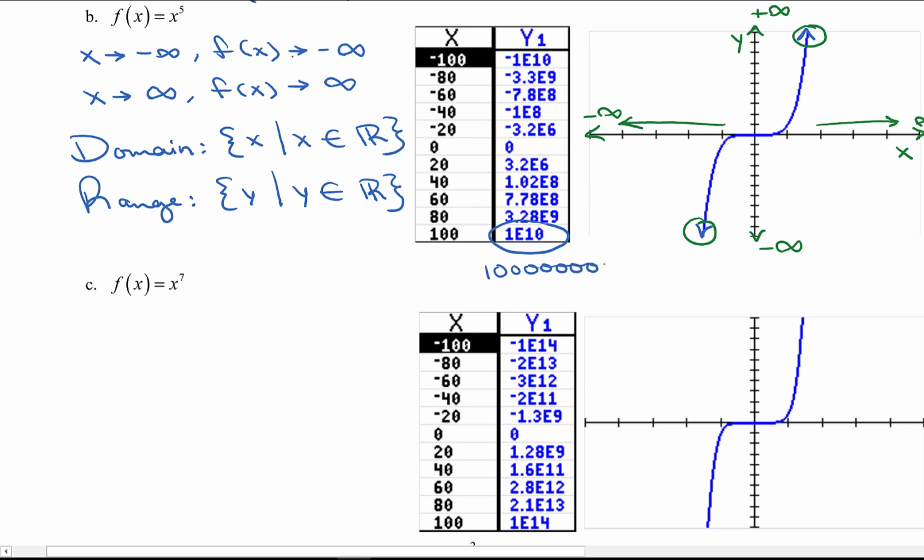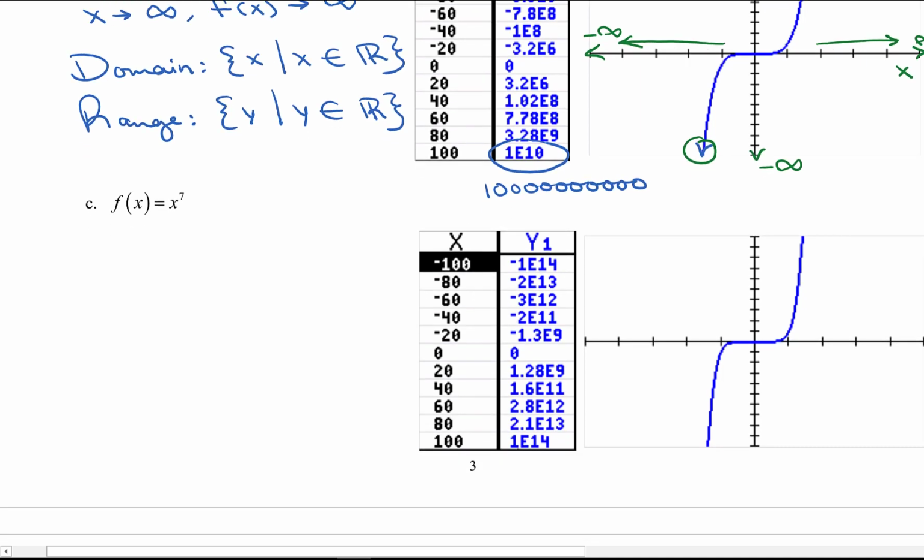That's the number when x is 100. And then look at this one. Now this is a 1 with 14 zeros. 1, 2, 3, 4, 5, 6, 7, 8, 9, 10, 11, 12, 13, 14. So they're getting even larger, faster.